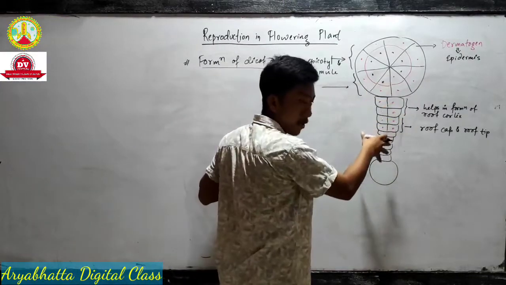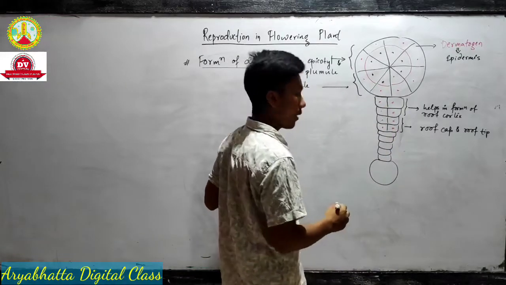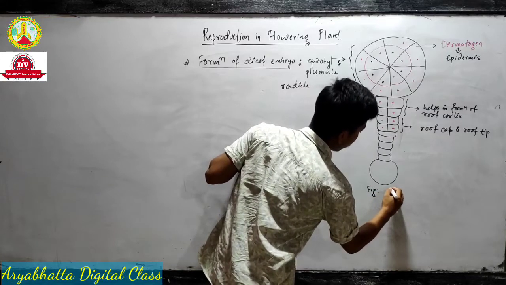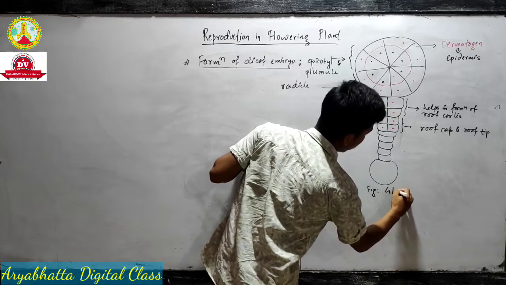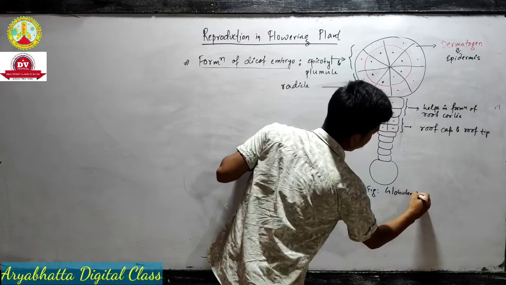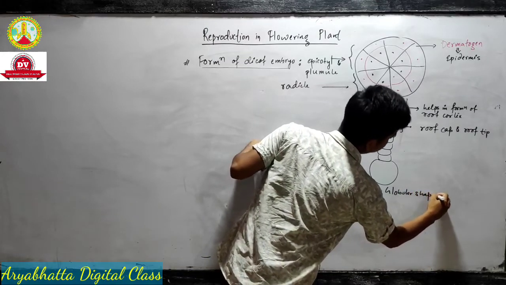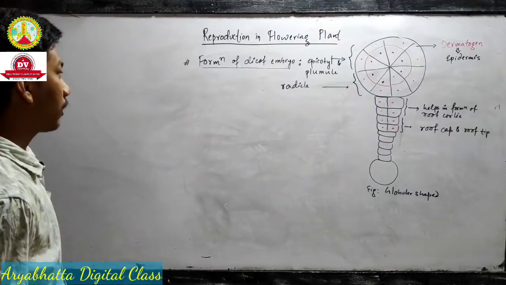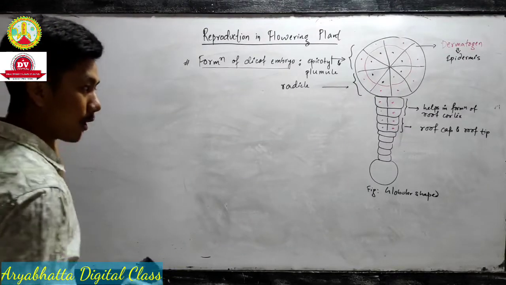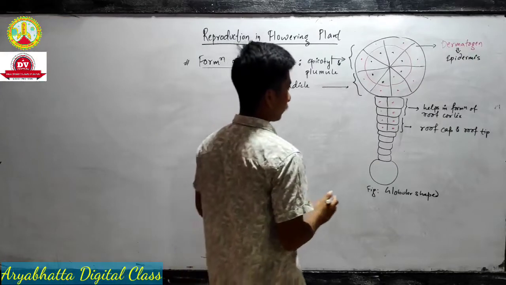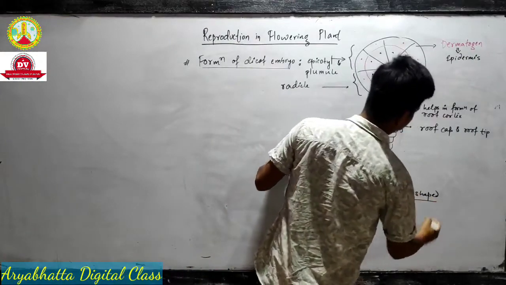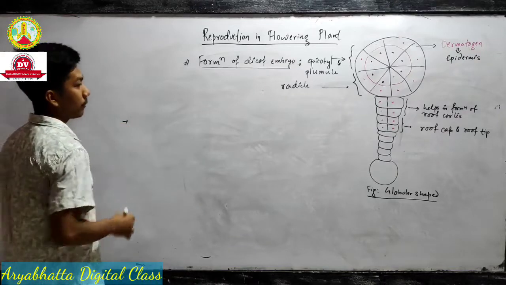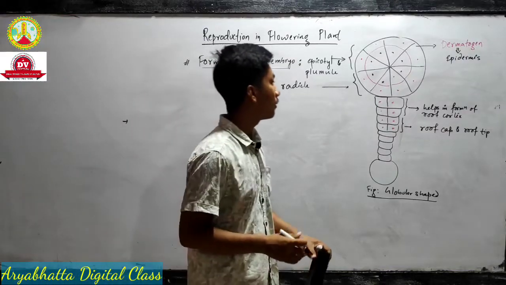Now for that structure, we need to know the shape. The shape of that structure is known as globular shape. Okay, next, what happened?